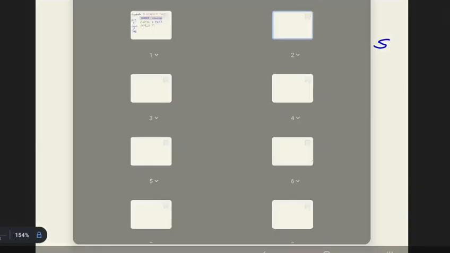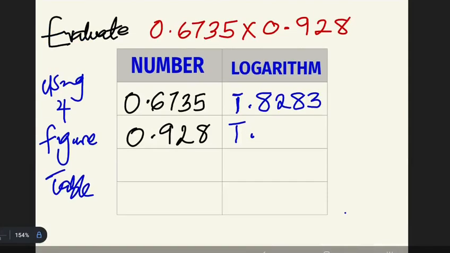So we have 9675. Now, because it's a multiplication, we are going to add them together. Anytime it is multiplication, you add together.